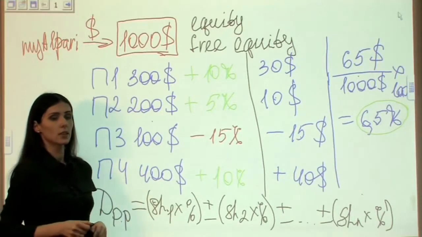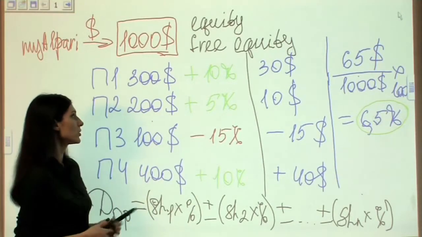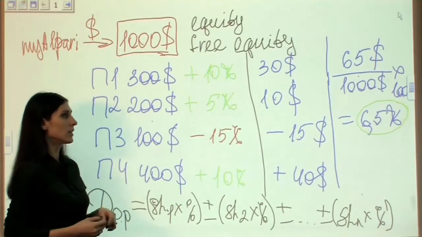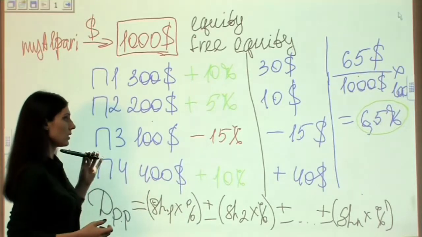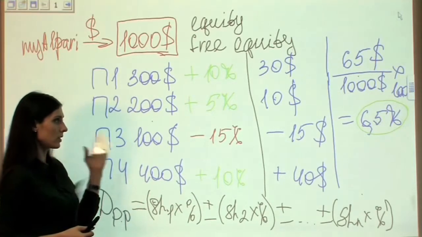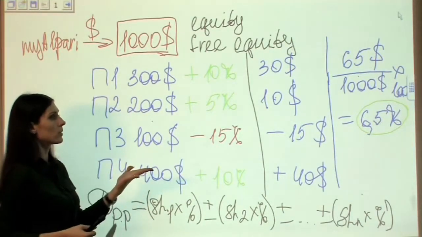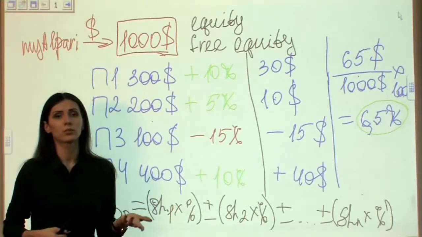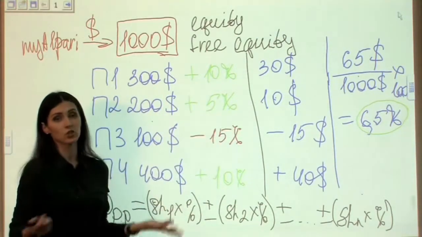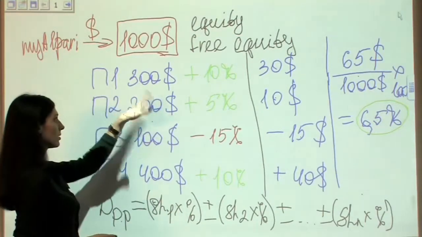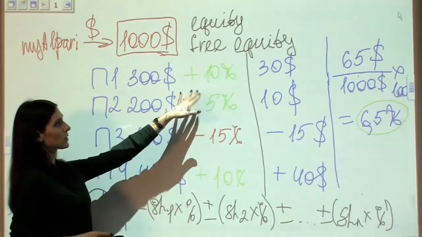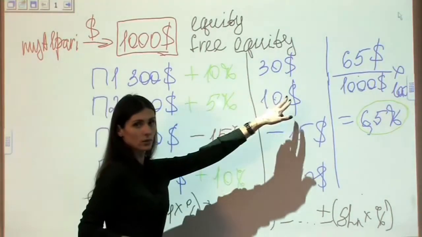And of course, here I want to pay attention to the share, each share. The bigger the share of the PAMM account, the more influence on the PAMM portfolio yield in general. As you can see here, $300 in the first PAMM account plus 10%, this is $30.